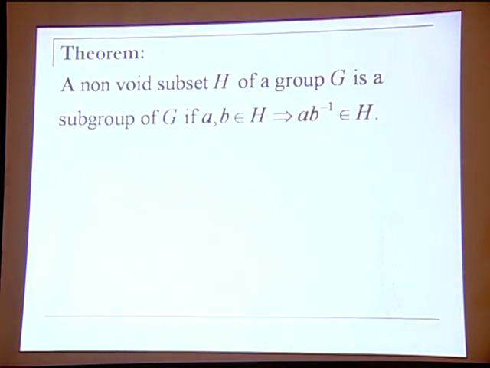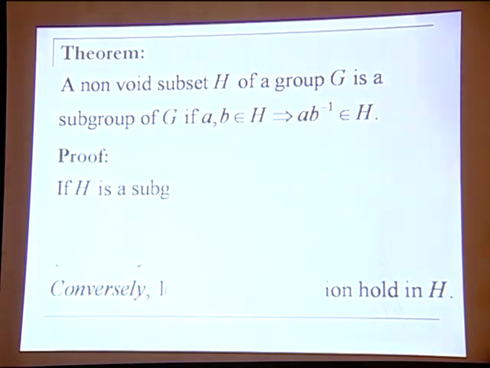It means it is non-empty. We always take a non-empty, non-void subset H; there are always some elements in H. So it is a subgroup if a, b belongs to H implies ab inverse belongs to H.